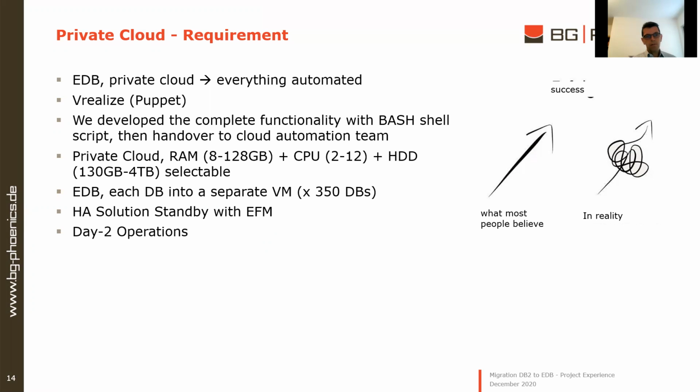The machines we built range from 8 up to 128 gigabytes of RAM and from 2 to 12 vCPUs. You can see a wide range of CPU and RAM splits, so it was absolutely necessary to have on-the-fly calculation with defined formulas for the essential parameters.